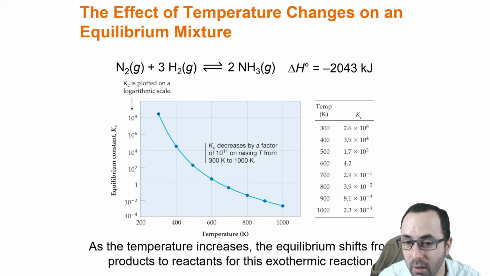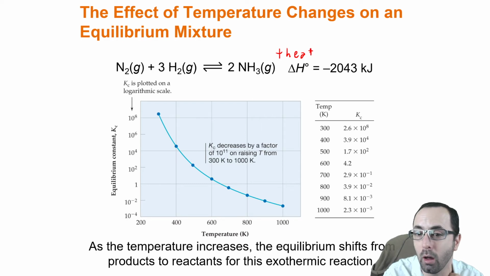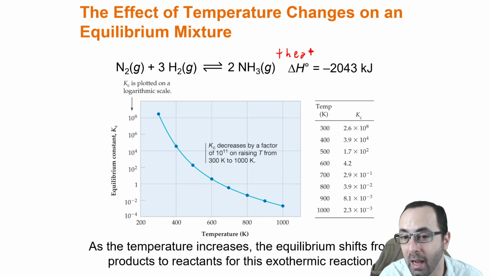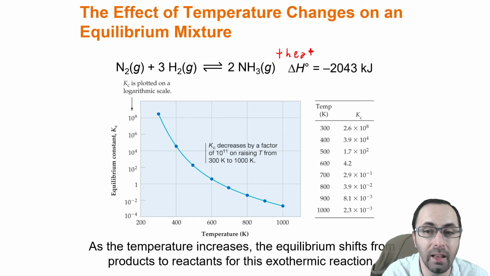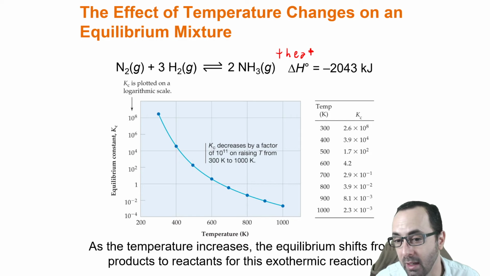There's actually a much easier way of deciding what's going to happen here. What you do is you look at the reaction, and for this reaction, for example, this is exothermic. So that means this reaction is going to produce heat as a product. Once you've decided whether the reaction is exothermic and is going to produce heat as a product, or is endothermic and is going to have heat as a reactant, then you just think of temperature as adding or removing heat.